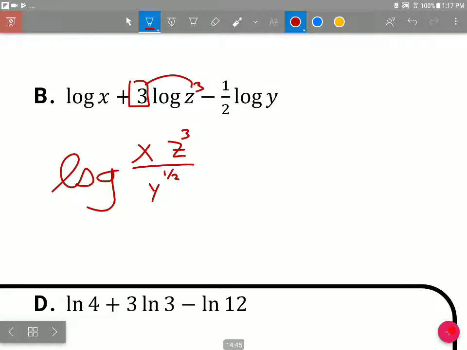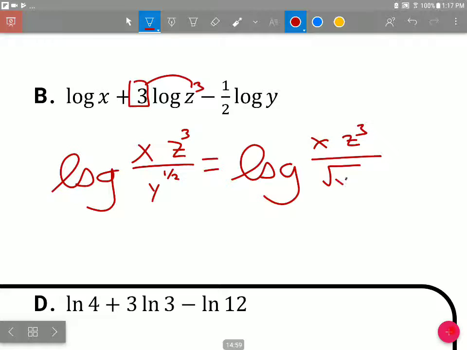Good. What is another way of writing y to the 1/2? You're close. Square root of y. So you could also write this out as log of x z to the third divided by the square root of y. That is also acceptable. Okay. Now, here's where this gets you into trouble. Going from this, if you just stop right here, that's okay.